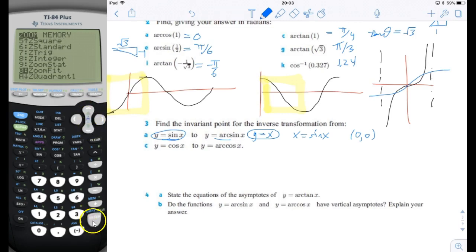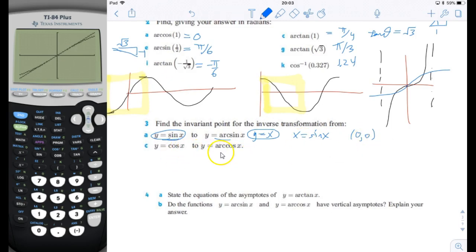Okay, so here's the sine curve, and there is the y equals x function. And it looks like it probably only intersects here at y equals 0, right? So that's where we're going to put our invariant point.